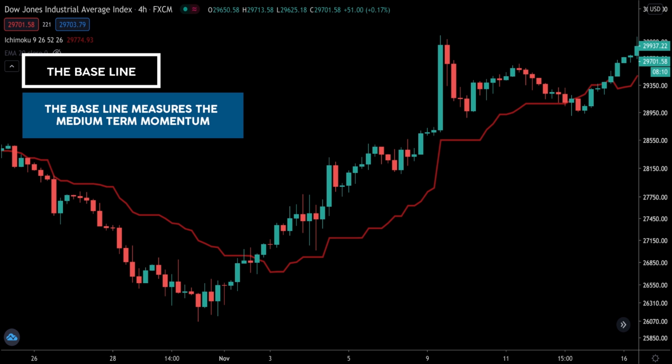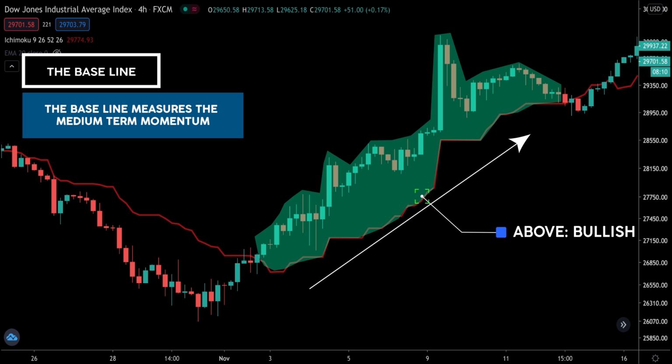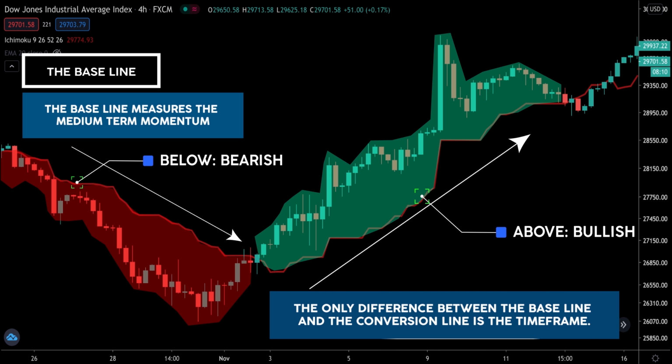It functions similarly to the conversion line. When the price is above the baseline, you can conclude that the medium-term trend is bullish. And when price is below the baseline, you can conclude that the medium-term trend is bearish. The only difference between the baseline and the conversion line is the time frame. One shows the short term and the other shows the medium term.